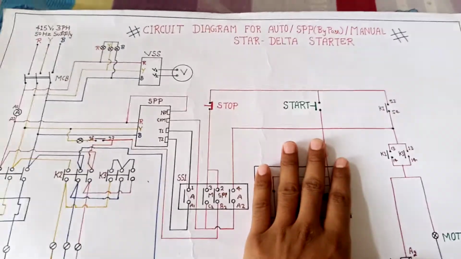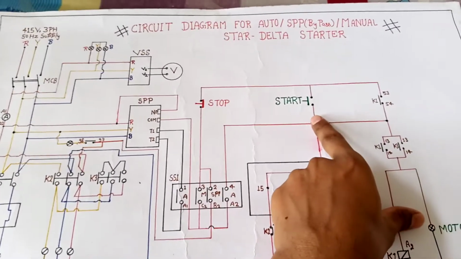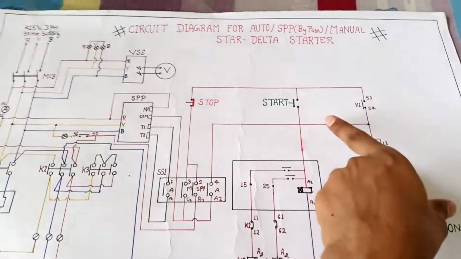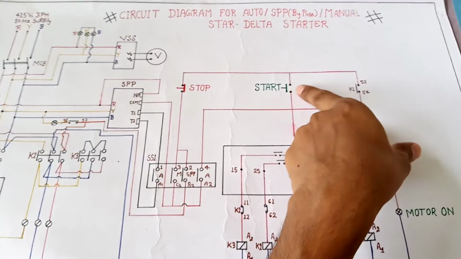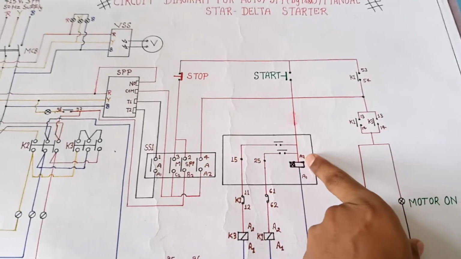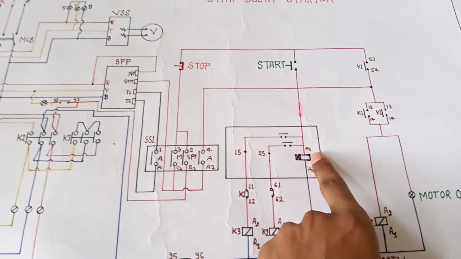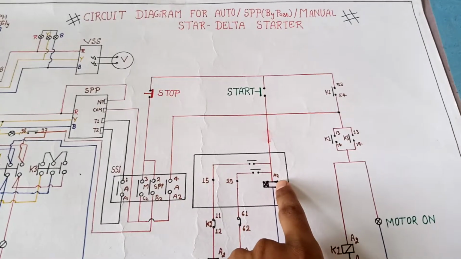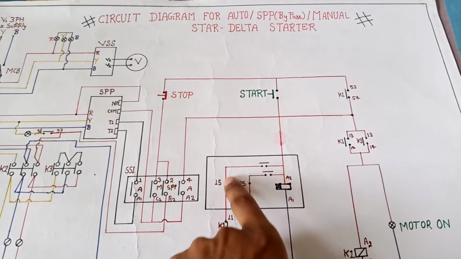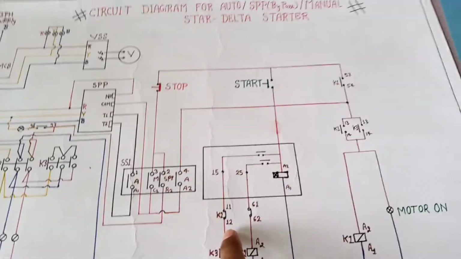In manual mode we need to press the start button. After we press the start button, our supply goes through here to the timer A2 terminal, and when the timer A2 terminal gets supply, then immediately the output 50 number terminal gets supply.